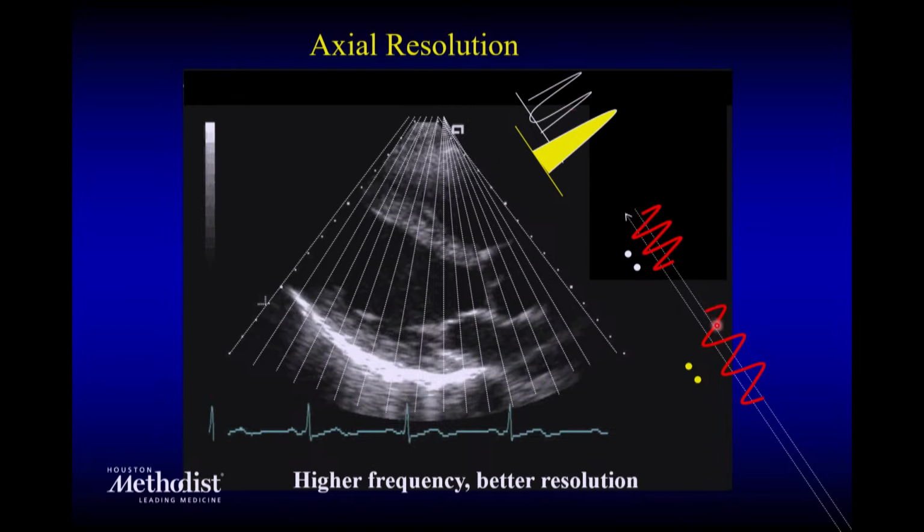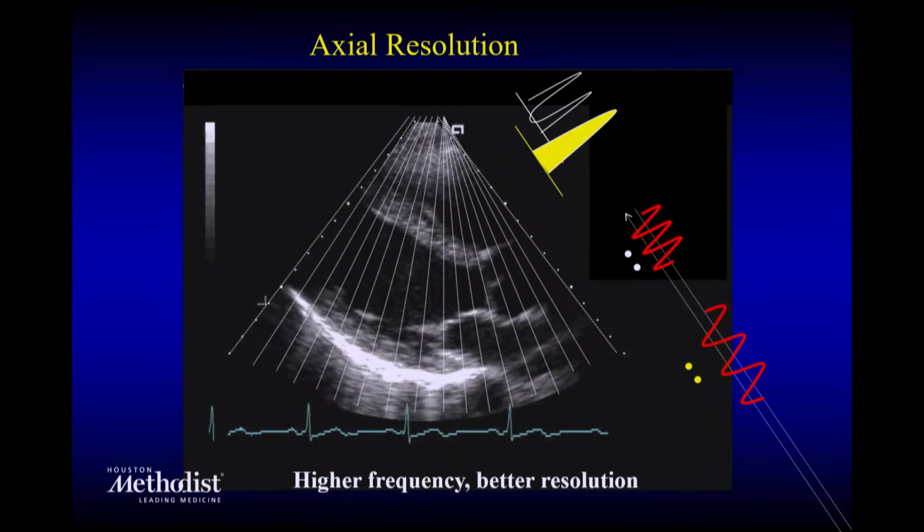If I'm using a very low frequency transducer, I may just get a dot as opposed to two separate dots. And this is where your resolution will come into play: how finite can I differentiate two dots? And in ultrasound, it's sub-millimeter, which is very good, particularly in the axial resolution.